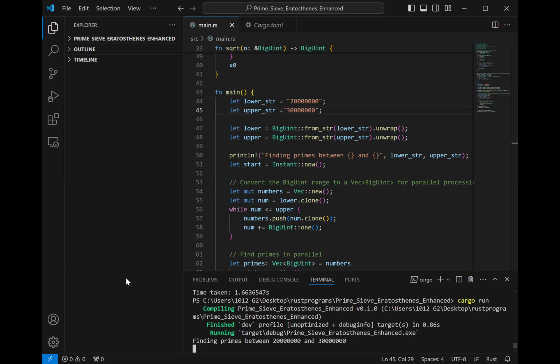But let's see how long it will take. Of course, it will tell us how long it took to do that. I'm trusting it will work, because 20 million and 30 million are very many numbers, with very many prime numbers. They are not few.